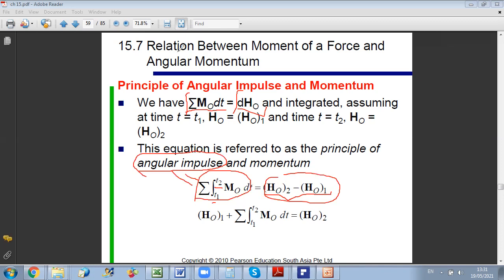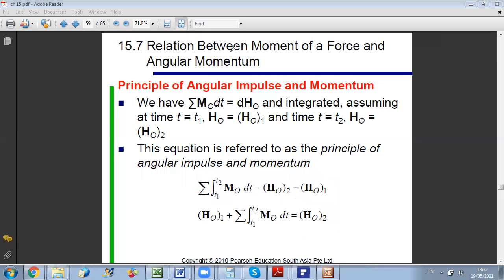Now, in case sum of moments about O equals 0, يعني في عندنا cases بيكون sum of moments about O يساوي 0، ساعتها بيصير عندنا مثل ما عندنا هونيك conservation of linear momentum if sum of forces equal to 0، هون عندنا conservation of angular momentum if sum of moments about O equals to 0.